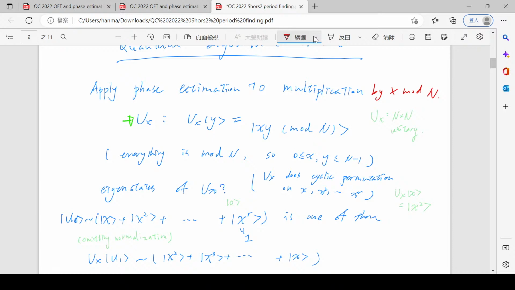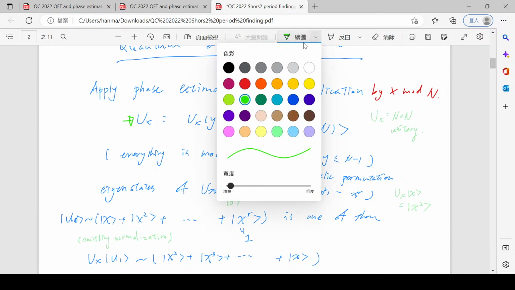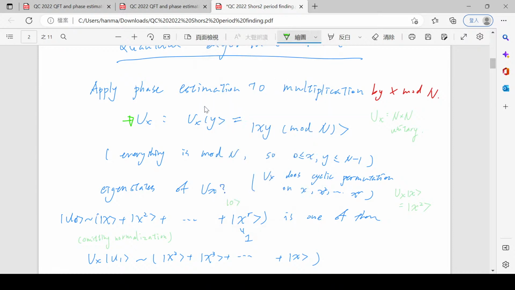This is a pretty classical operation, and obviously we can extend it to quantum. On the computational basis, it does exactly what we say: if you put in a computational basis state y, then it becomes the computational basis state xy mod n.